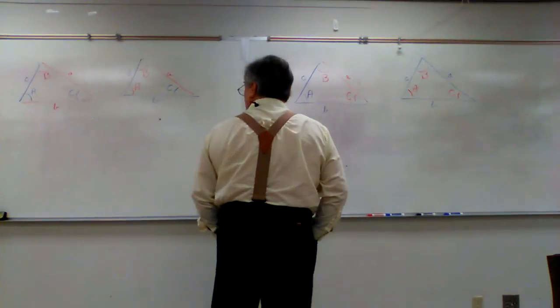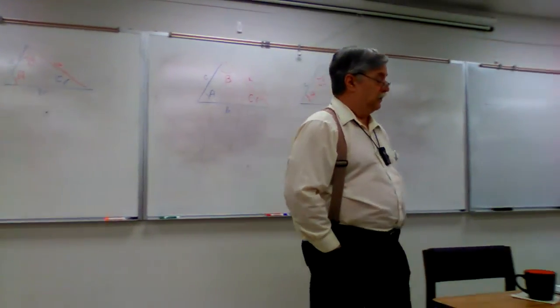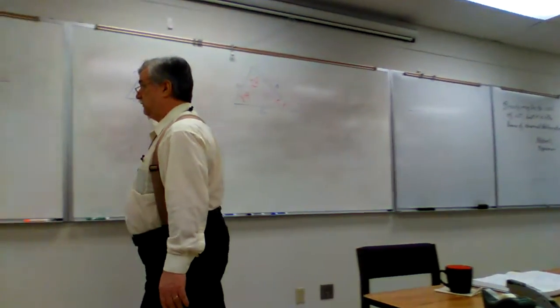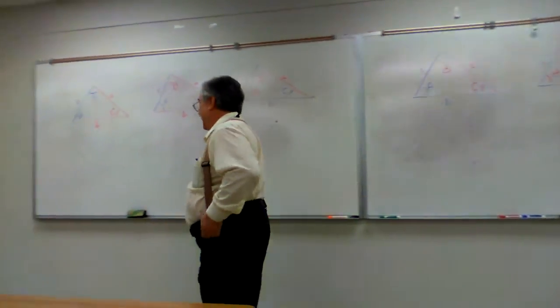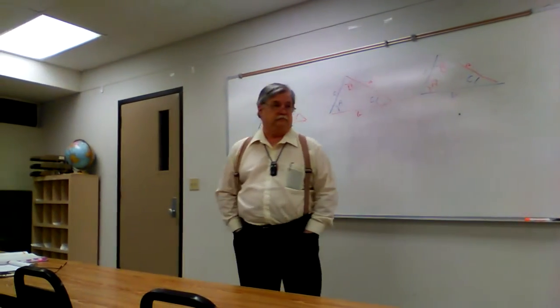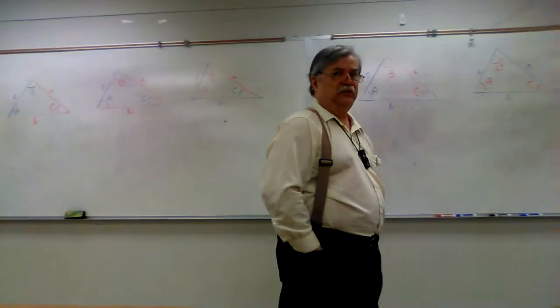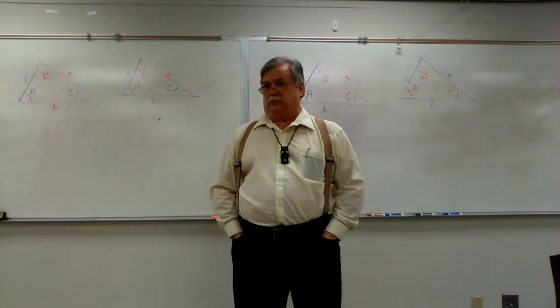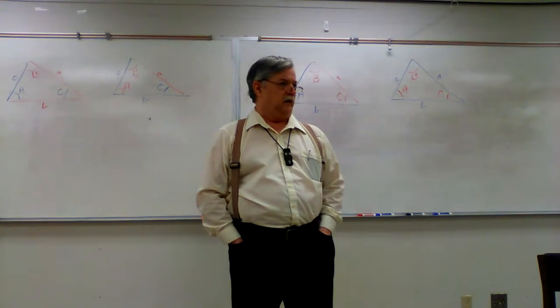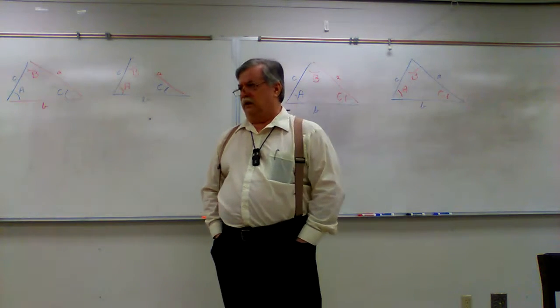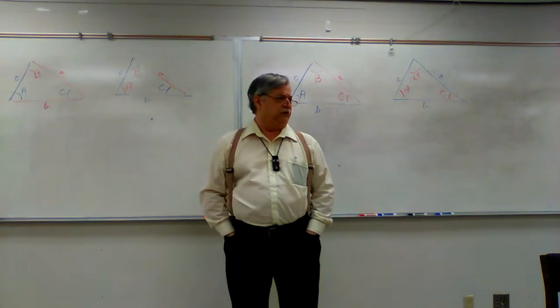Now, if you want to follow along in your book on page 272, you'll find where they've drawn these 5 triangles for you. They describe all of this very precisely and accurately, but they don't make it very intuitively understandable.